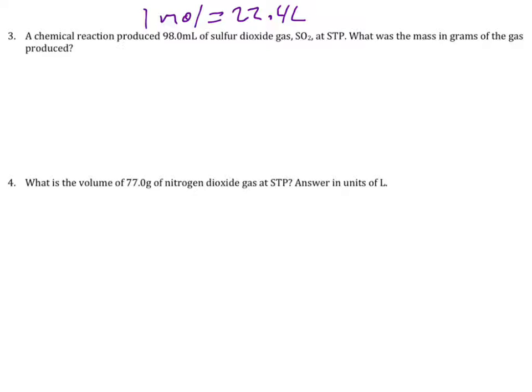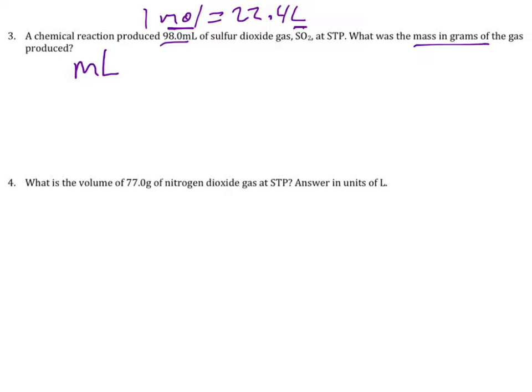All right, a chemical reaction produces 98 milliliters of sulfur dioxide gas at standard temperature and pressure. This one's asking, what is the mass in grams? So it's giving us milliliters, and it's asking for grams. Let's write a flow chart here. If we have milliliters, we can't just go from milliliters to moles because the conversion is liters to moles.